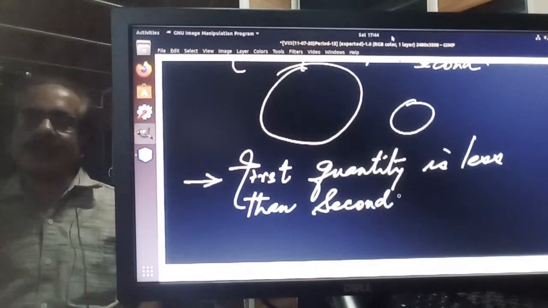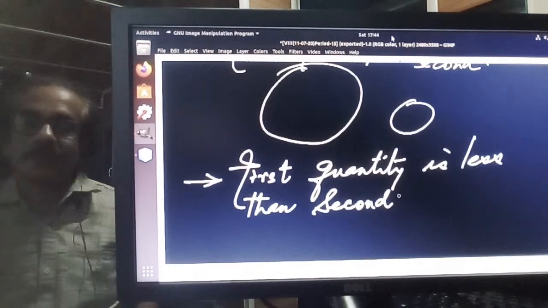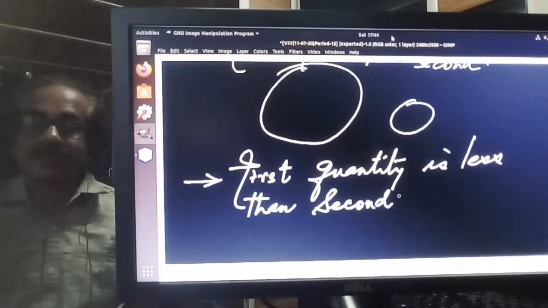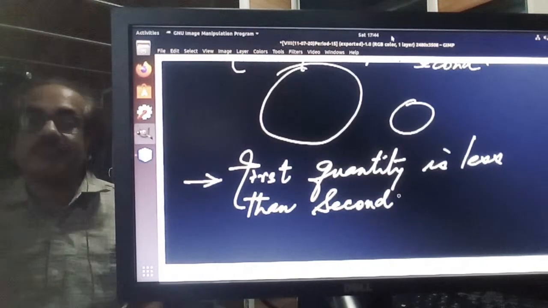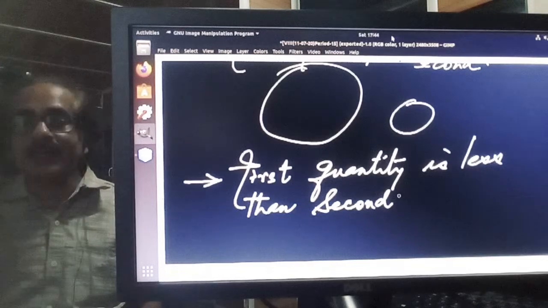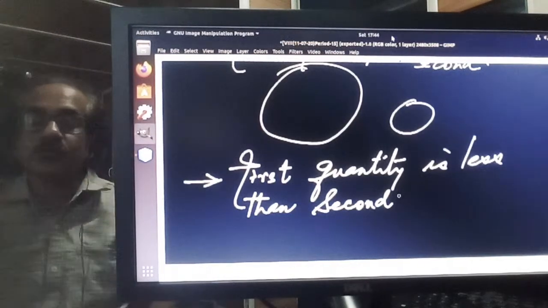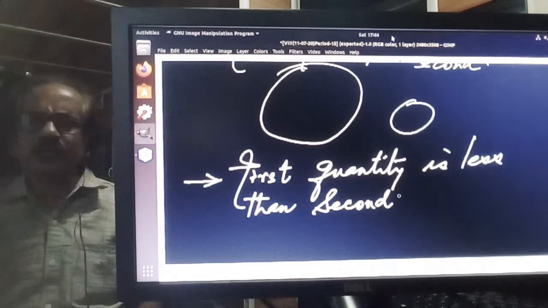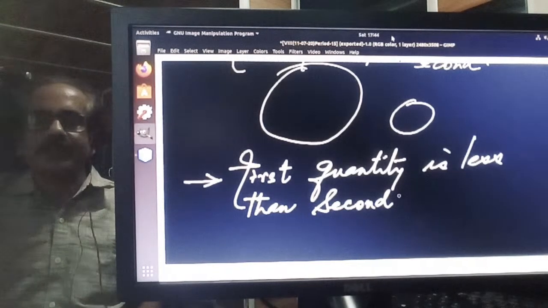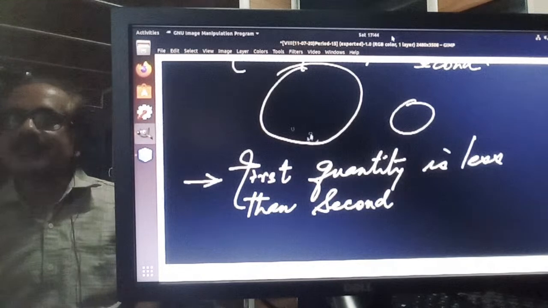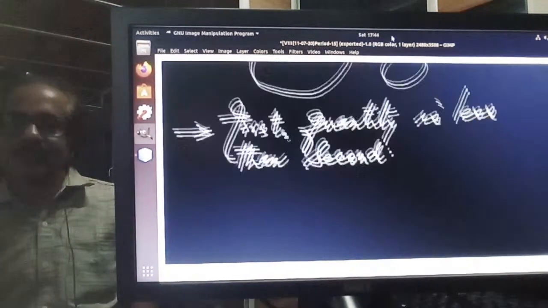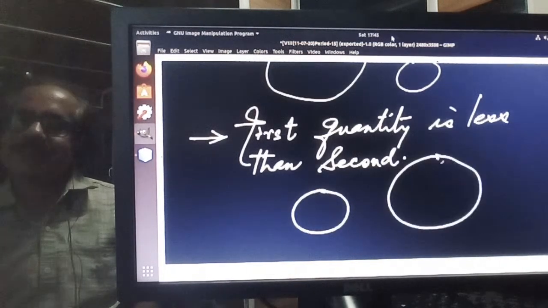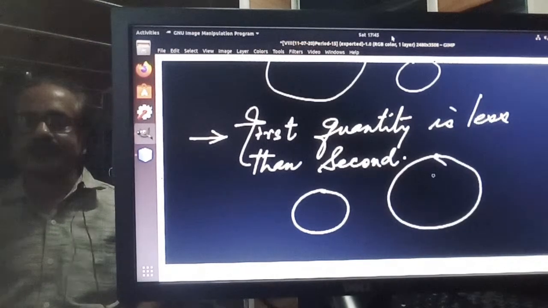You may think, we already know all this, why am I telling it, but I want to focus on the philosophy behind it, the concept, the analysis of comparison. Only then can you understand how and why they are used in further steps of programming. That is why I am focusing on this much detail. So the first quantity is less than the second. This is the second possibility, where this is the first quantity and this is the second quantity.